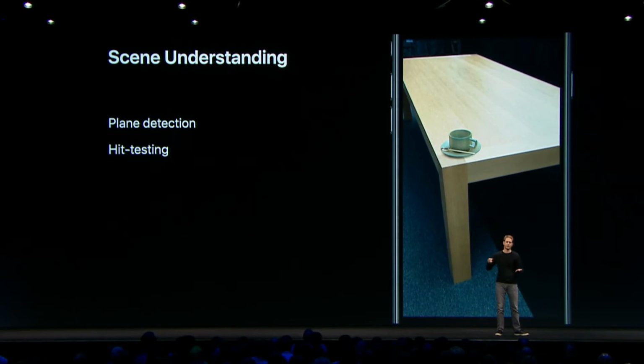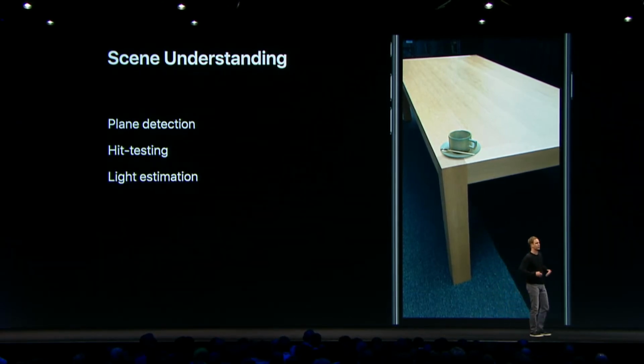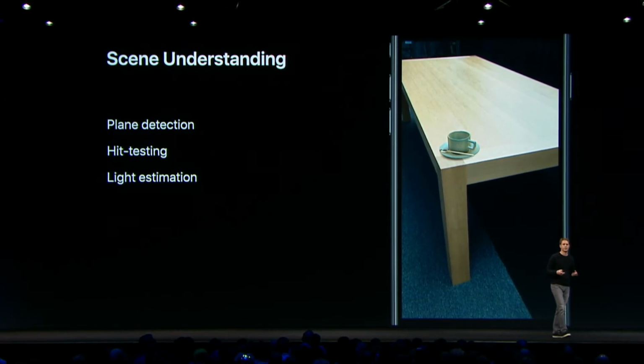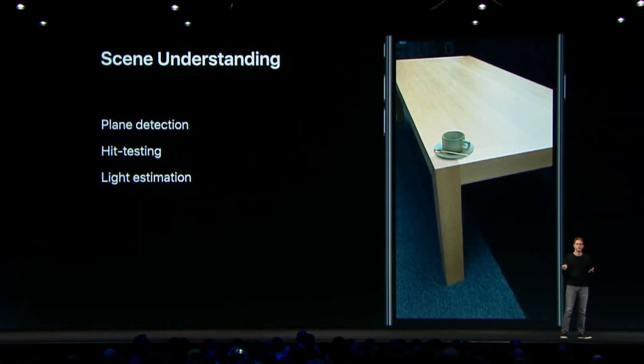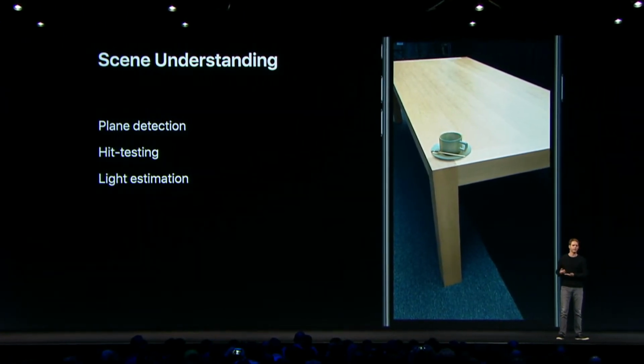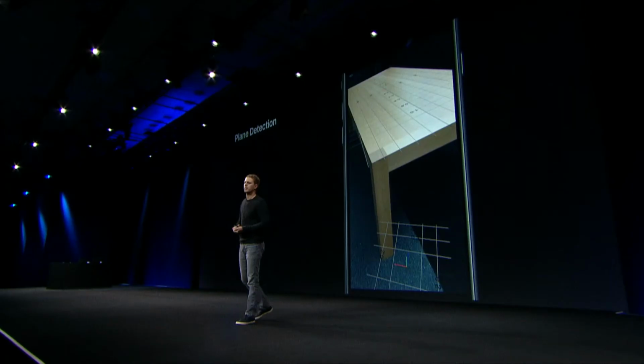This involves sending a ray from our device and intersecting it with the real world in order to find this coordinate. And third, in order to place this object in a realistic way, we need light estimation to match the lighting of our environment. Let's have a look at each one of those three things, starting with plane detection.